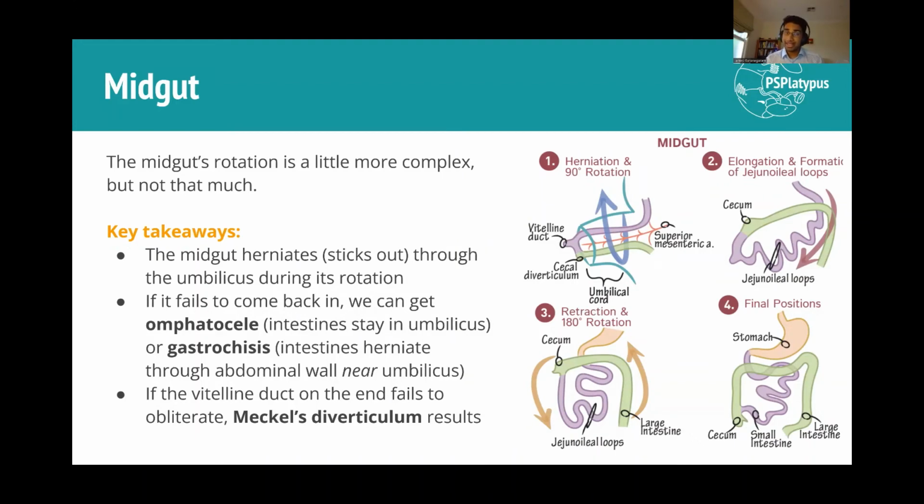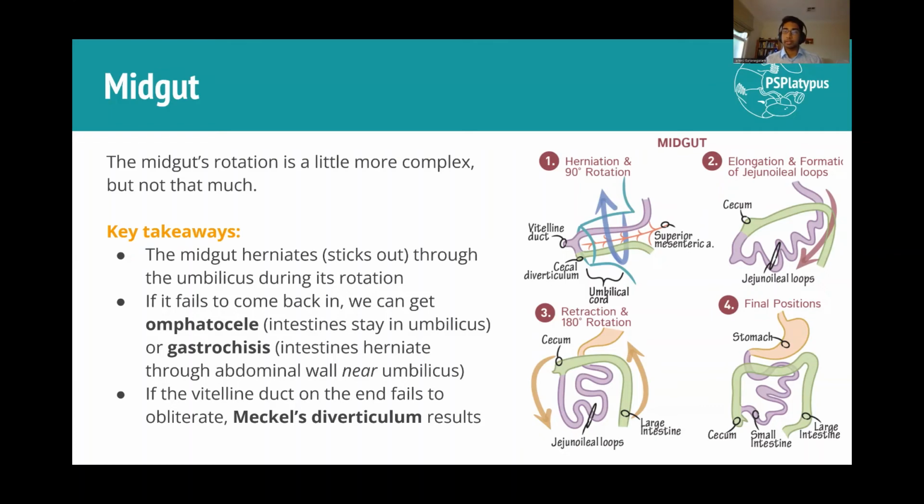If they don't come back in, then we get an omphalocele, where they stay in the umbilicus, and you get an umbilical cord which is sort of transparent, and you can see intestines inside, which is really weird. In gastroschisis, which is sort of a weird one, they herniate through the abdominal wall near the umbilicus. Okay, you don't need to understand too much about it, just the difference between them is good.